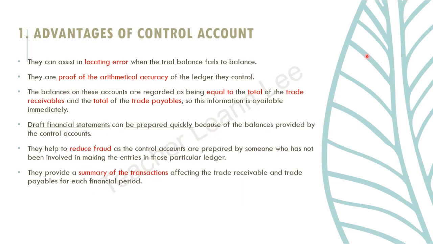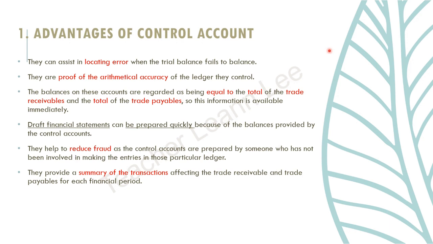Advantages: what are the advantages of preparing the control accounts, the SLC and PLC? First, they help to locate errors when the trial balance fails to balance. Let's say your trial balance fails to balance, then you can check back your SLC. Is it a trade receivable problem or a TP problem?